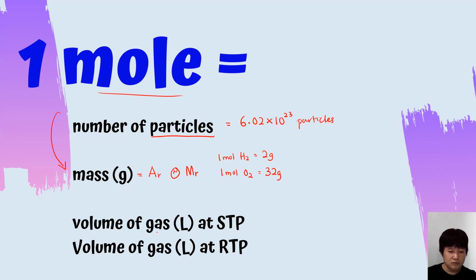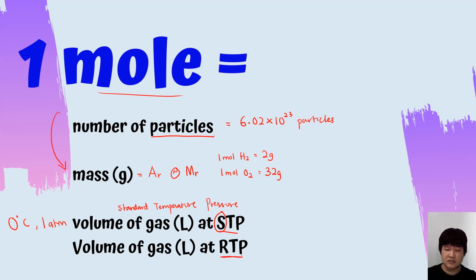How about the volume of gas at STP and RTP? What does STP stand for? STP stands for standard temperature and pressure. Standard temperature and pressure means the temperature is 0 degrees Celsius and 1 atm.